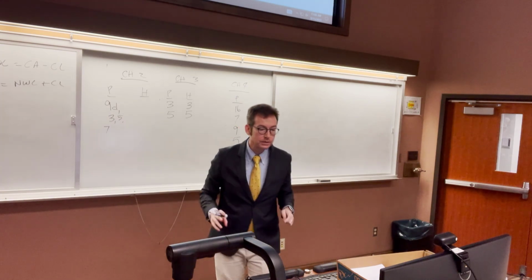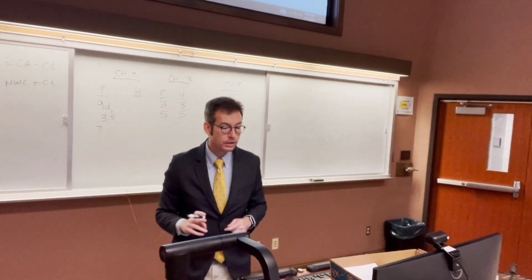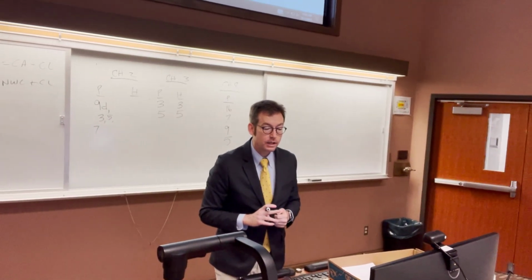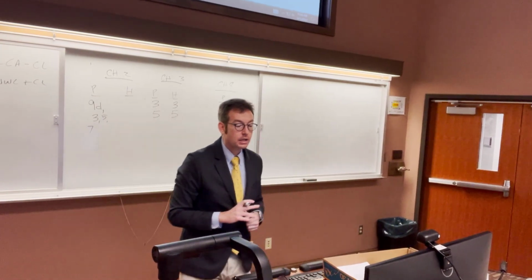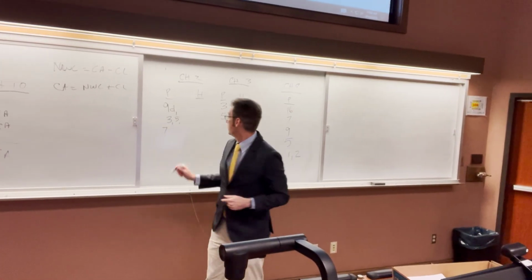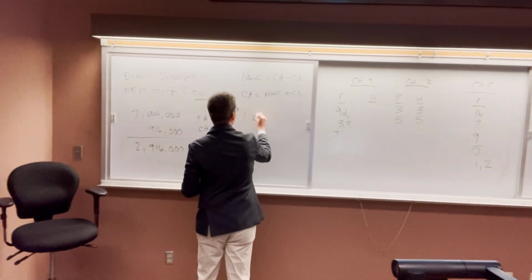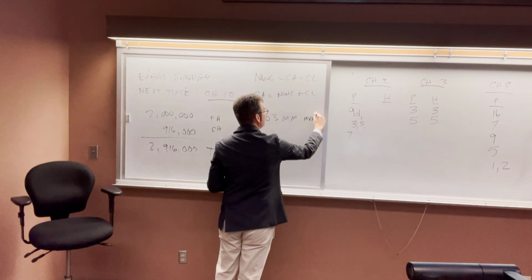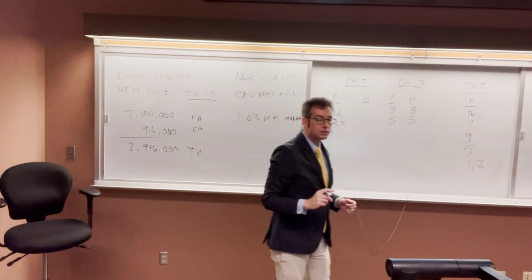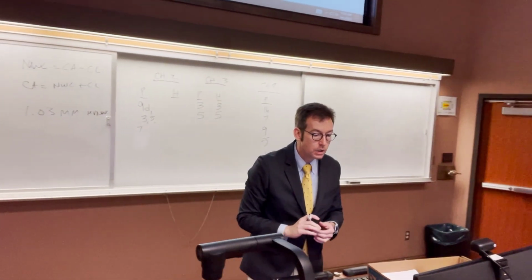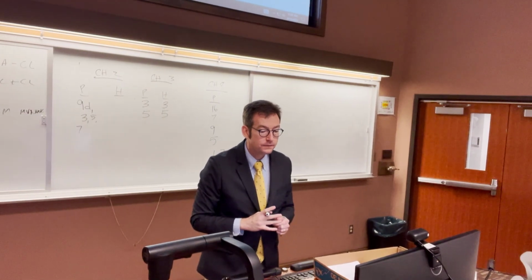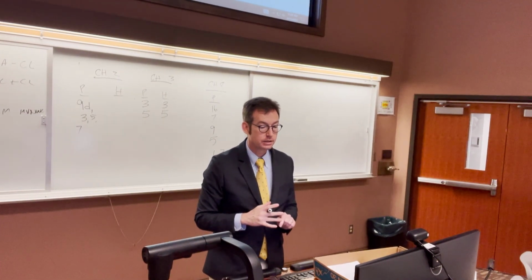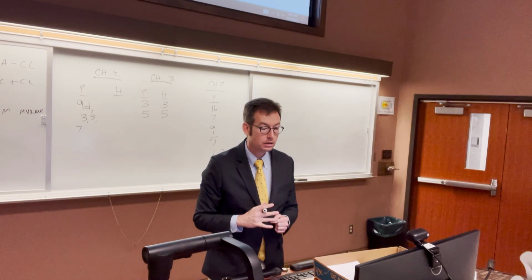Okay, now they ask, what's the sum of the market value of the net working capital and the market value of the fixed assets? Well, we just got through saying that 1.03 million is the market value of the net working capital. And what's the market value of the fixed assets? 3.6 million.